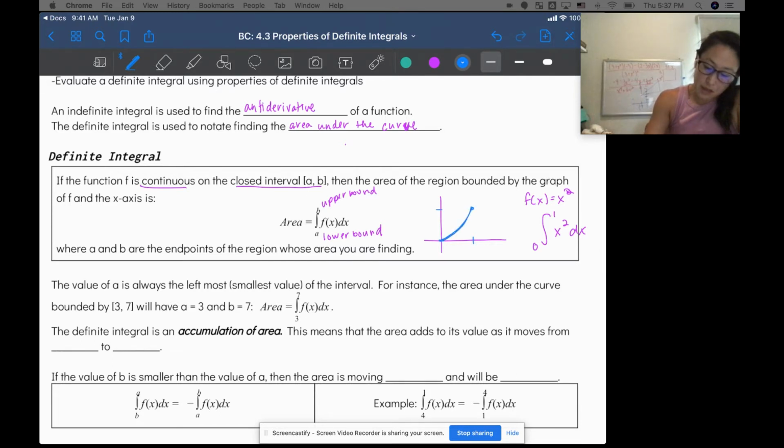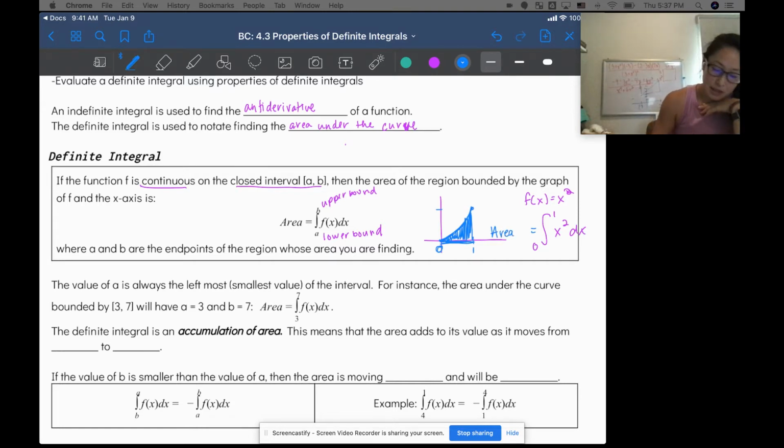From 0 to 1 and the x-axis, what is the total accumulation of y values underneath the curve? So the area underneath the curve. This gives us the area from x equals 0 to x equals 1.